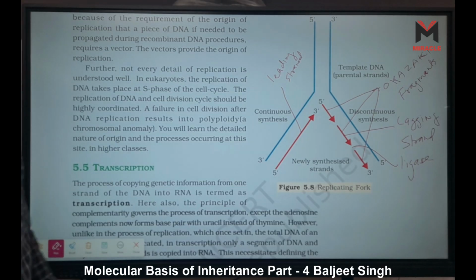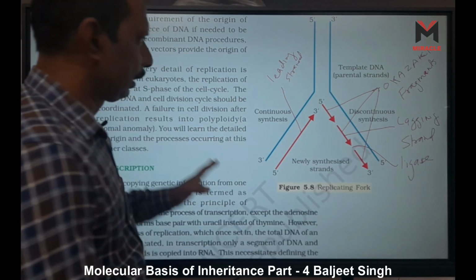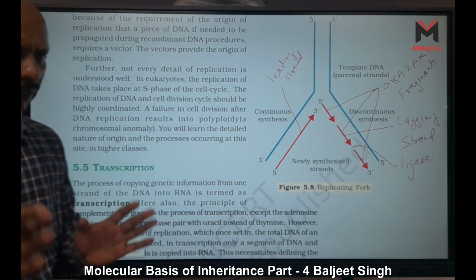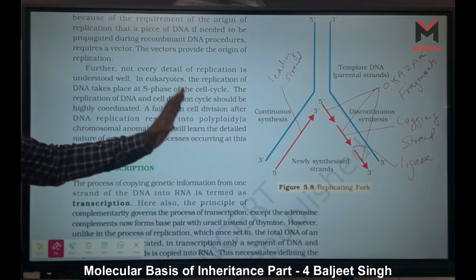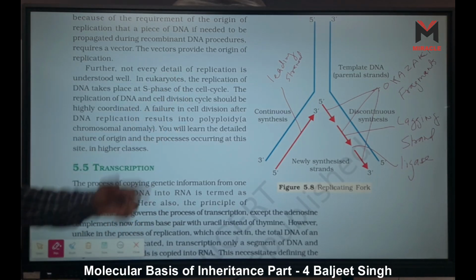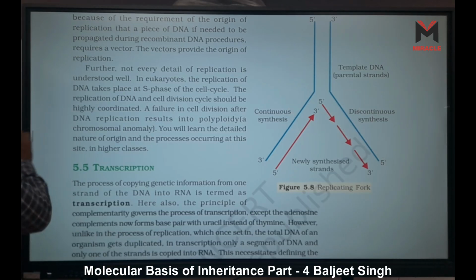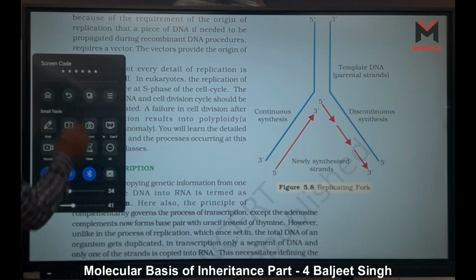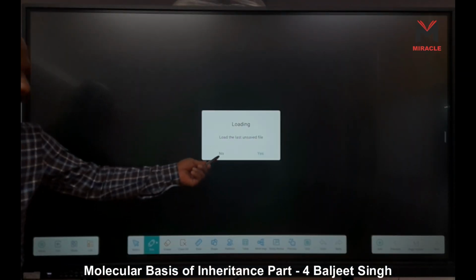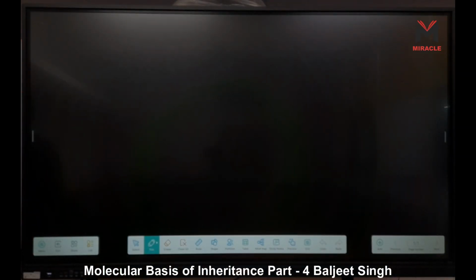Now come back, because in NCERT very little information is given, so I want to tell you the details about DNA replication. See how DNA replicates itself. Now we start DNA replication.